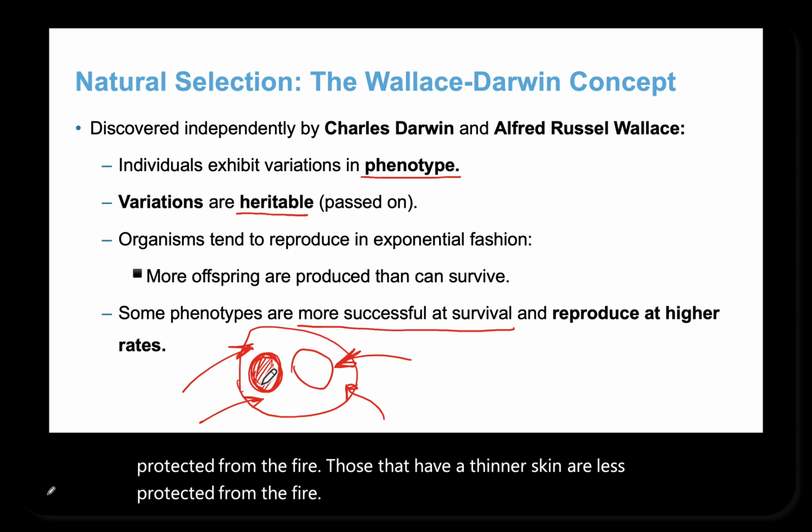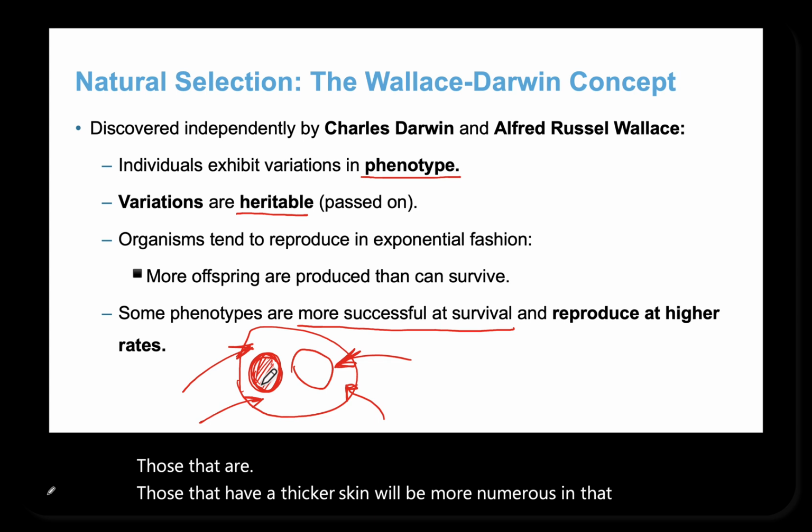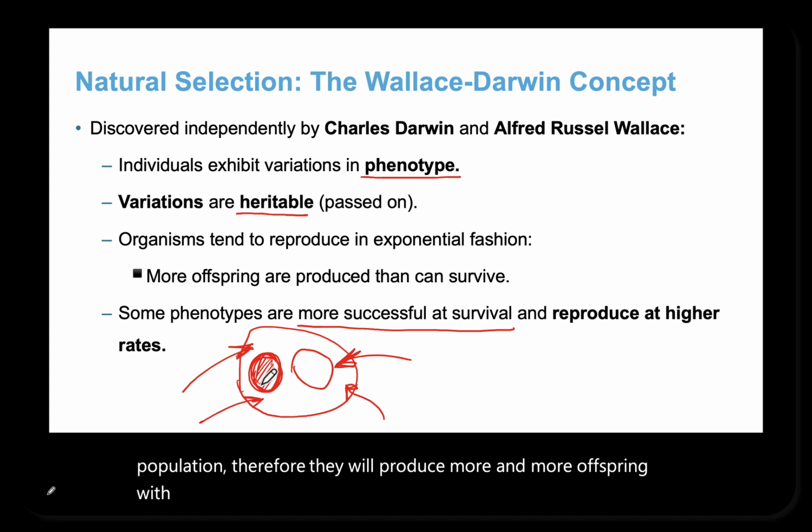Over time, you will see that those that have a thicker skin will be more numerous in that population. Therefore, they will produce more and more offspring with that trait.